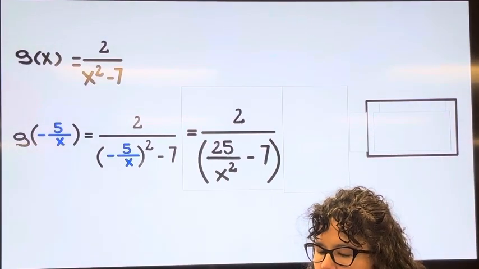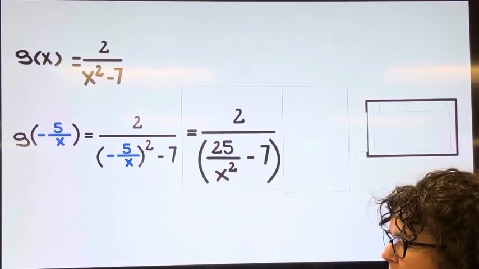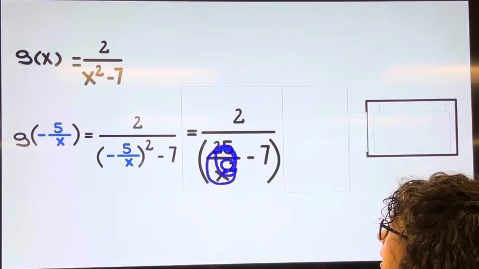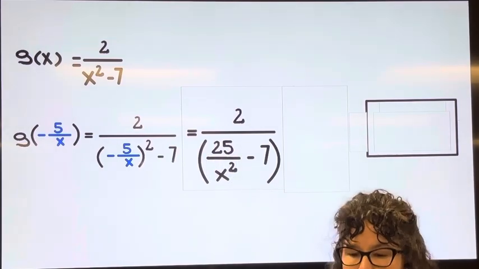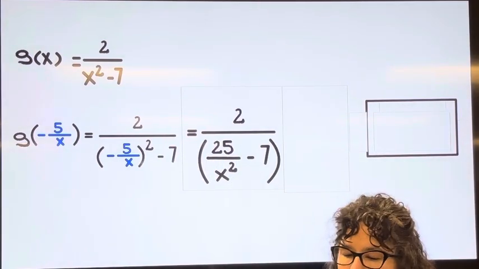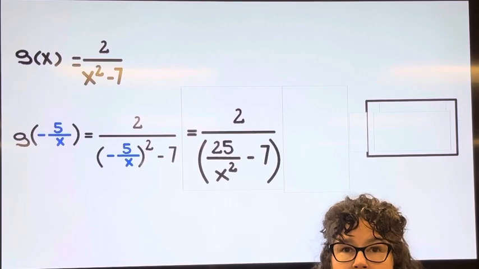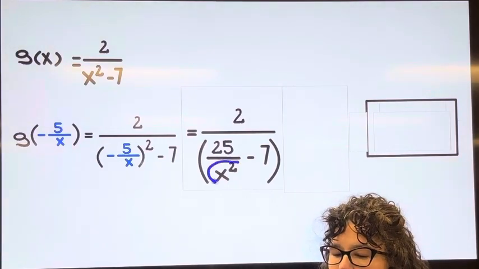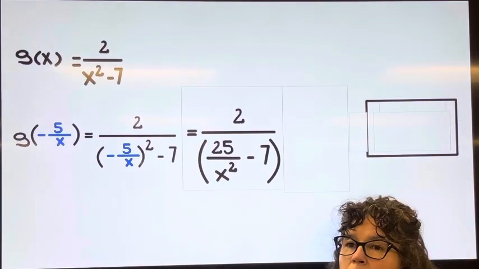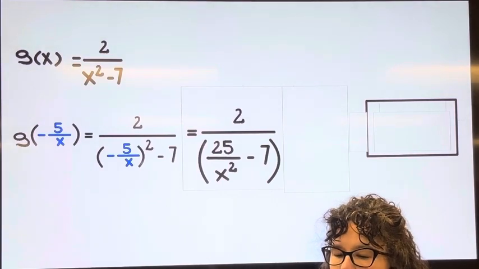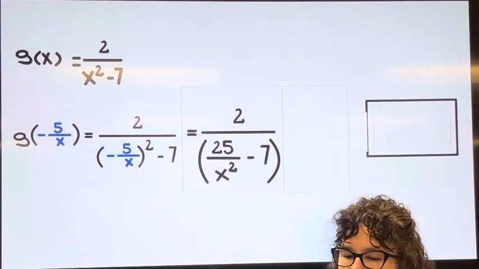Okay, now the problem we have is we have a fraction, and then we have a little mini fraction inside of a fraction. What we'll do to clean this up is you go and multiply everything by the little mini denominator. What I do to the top, I have to do to the bottom.